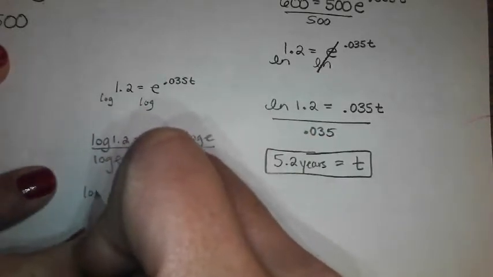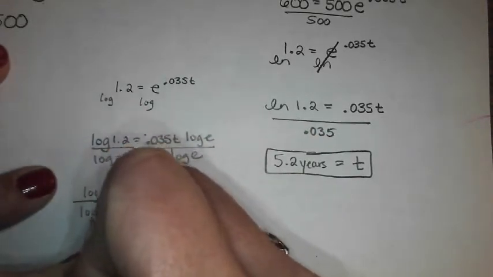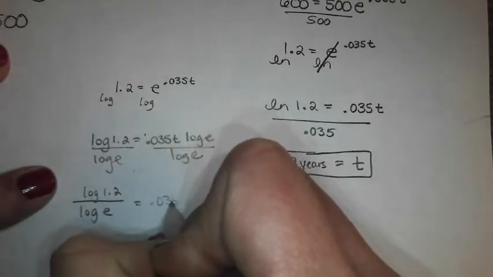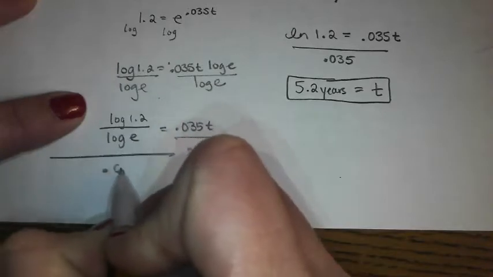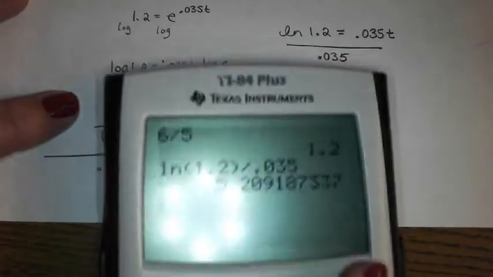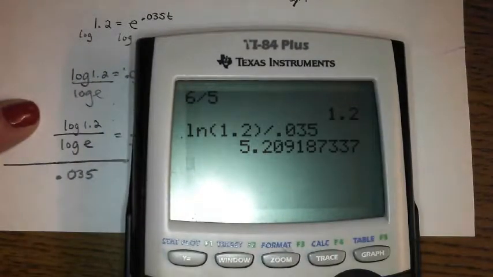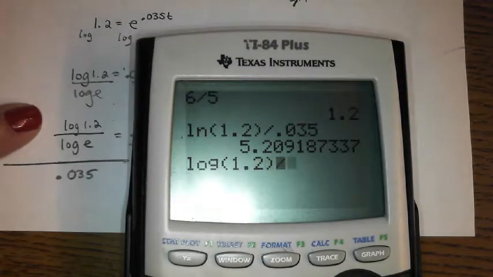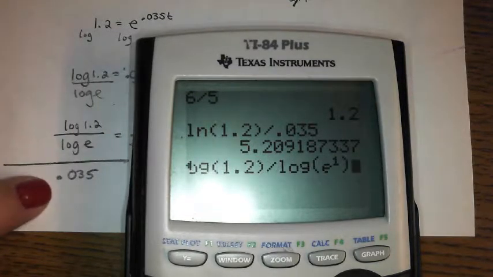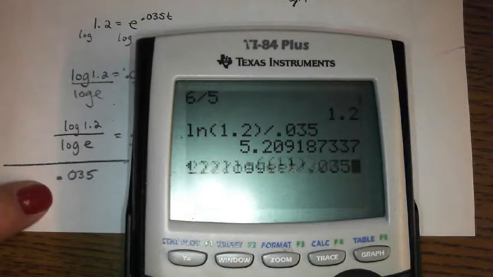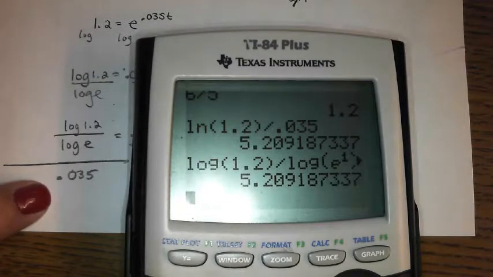So I'd have log of 1.2 divided by log of e equals 0.035t. Divide that by 0.035, and type that in. So this just would be a little bit longer. Log of 1.2 divided by log of e to the first, all divided by 0.035. And I'll get the same answer.